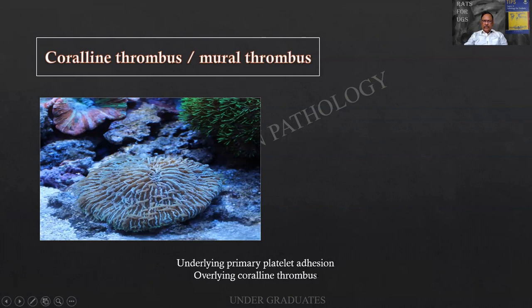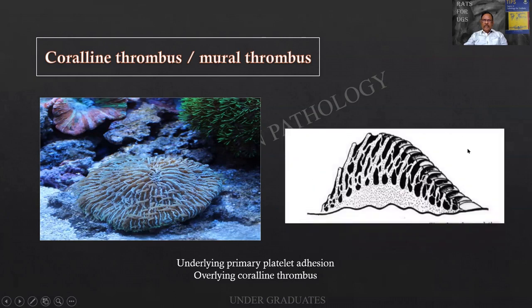Similarly, you find that in the body there can be a thrombus like this. In this, what I am seeing is there are some pale lines and some dark lines. That would suffice for the time being. So we shall see what this is, and this is called a coralline thrombus.